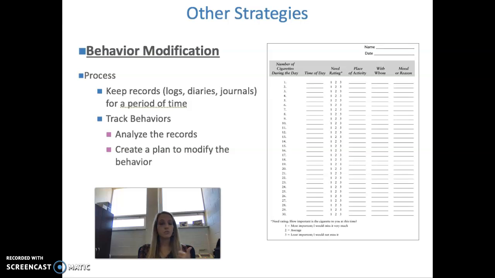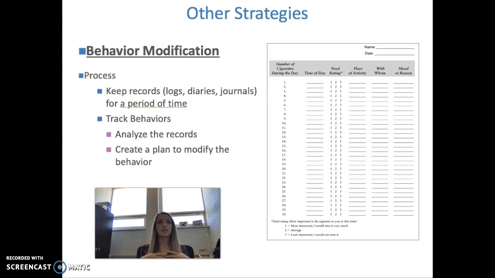This has been used in smoking cessation, drug and alcohol addiction, physical activity, right? All of those types of behaviors need to be tracked and analyzed. And that's a great way to start that behavior modification process. Then creating a plan based on that behavior, right? So let's say we're looking at a smoking cessation program. They ask the person from one session to the other, just track how many cigarettes per day you're smoking.